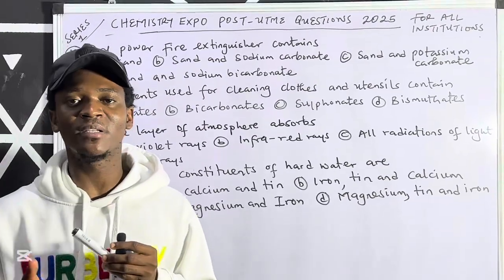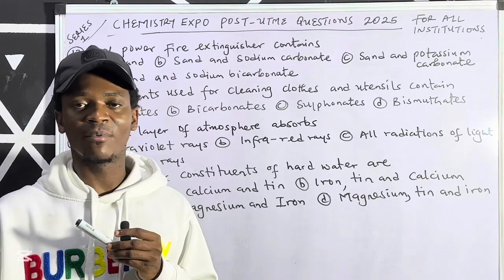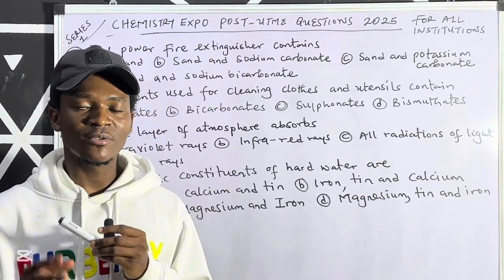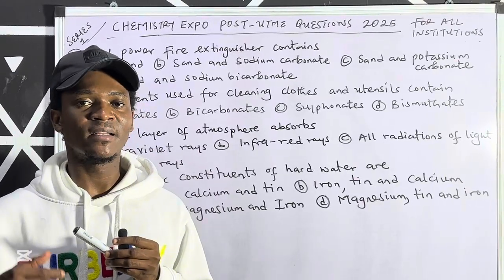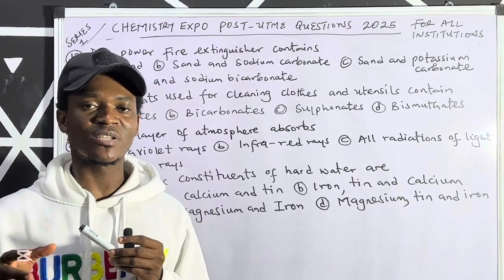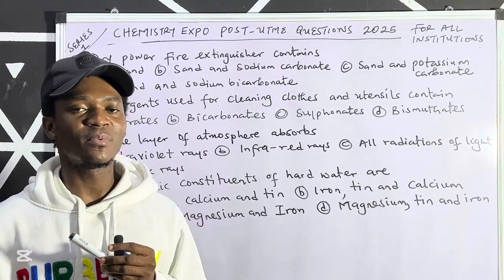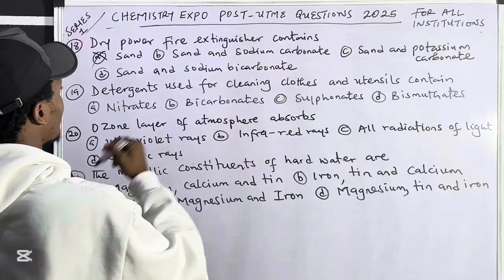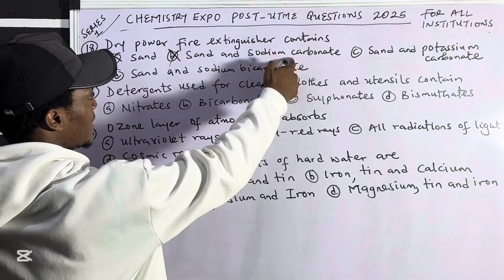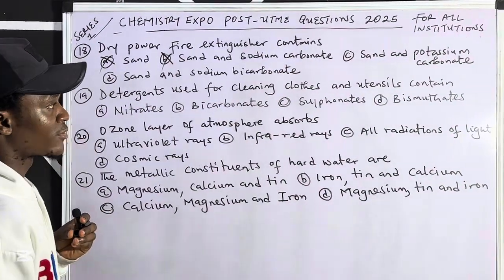Why? Because sodium carbonate cannot yield carbon dioxide. The reason is that sodium carbonate is stable to heat. So you are trying to put out fire and the fire extinguisher is not carrying that CO2. It means it cannot put out the fire. So this option is out. You can't get CO2 from this because it's a heat stable salt compound.